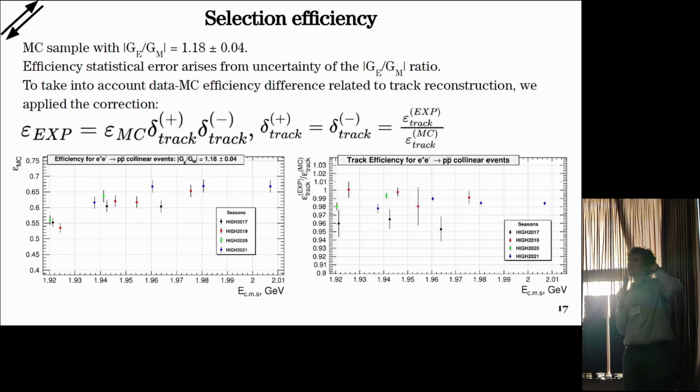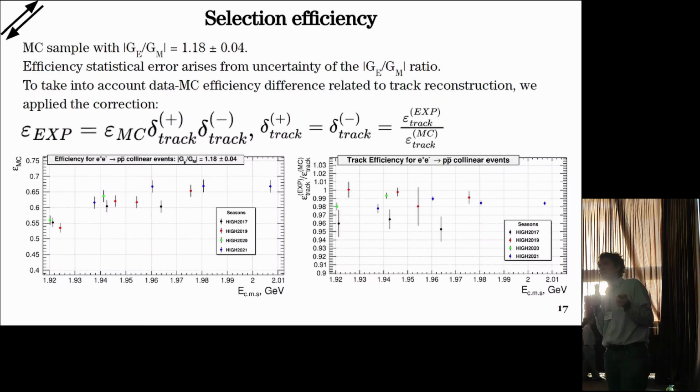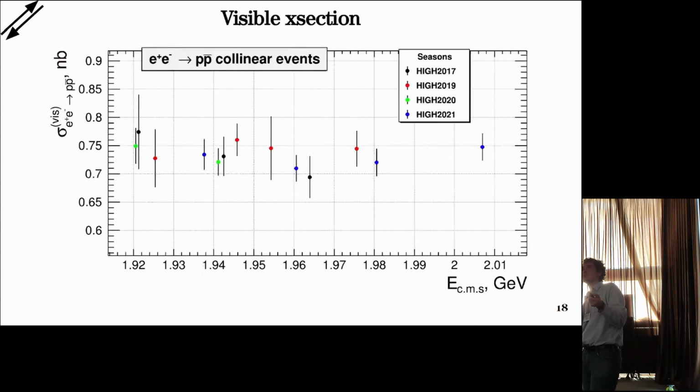The MC sample size is relatively big, almost infinite compared to the data sample. And here you can see integral efficiency, track efficiency for each energy point. It's important to take into account differences between experiment and Monte Carlo because at some energy points the effect is more than 10%. So it will affect the cross-section greatly. And here you can see the visible cross section for collinear events.